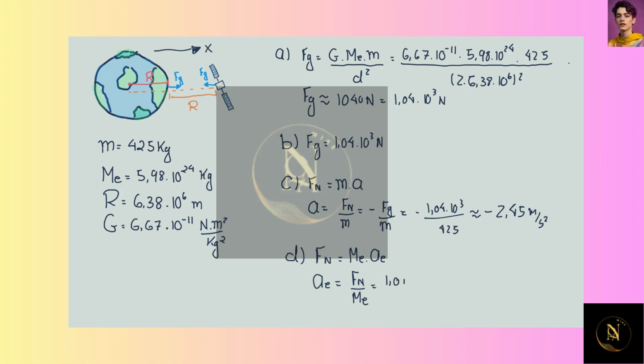We have 1.04 times 10 to the third divided by the mass of the Earth, which is 5.98 times 10 to 24. This results in an acceleration of approximately 1.74 times 10 to minus 22 meters per second squared.